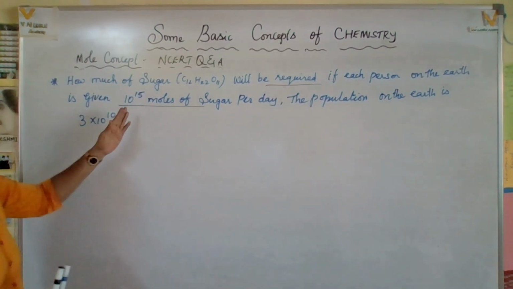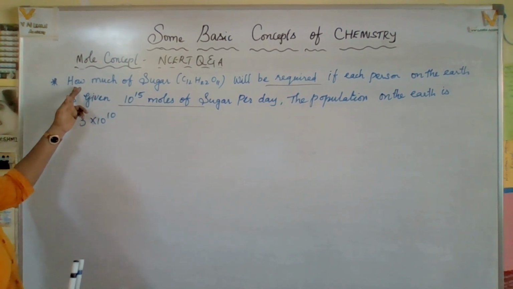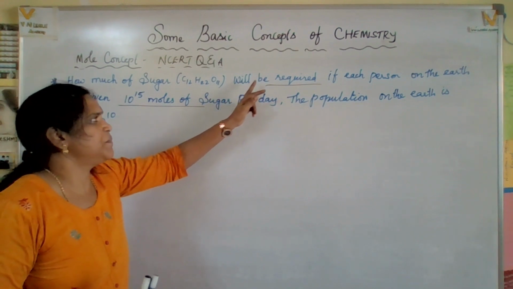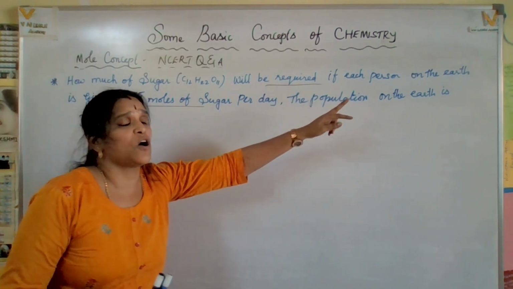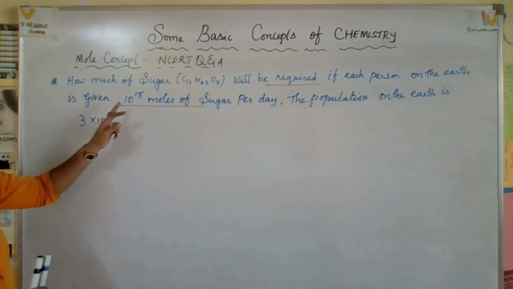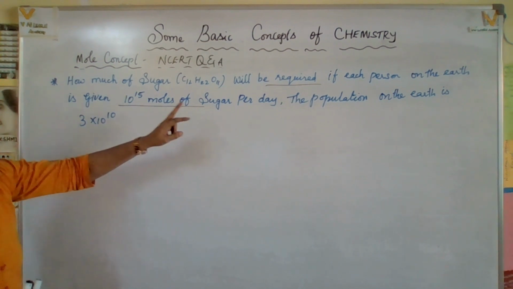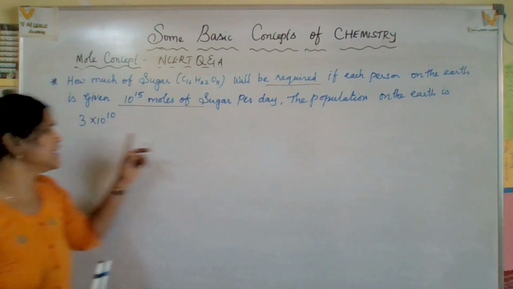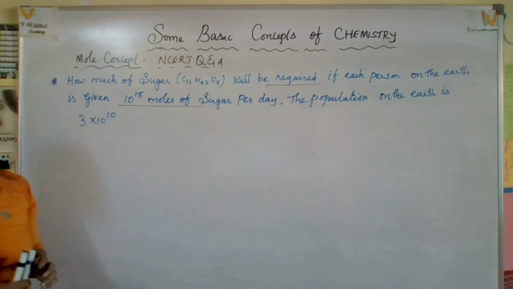This is a really interesting question. How much sugar, C12H22O11, will be required if each person on the earth is given 10 to the power of 15 moles of sugar per day? The population on the earth is 3 into 10 to the power of 10.